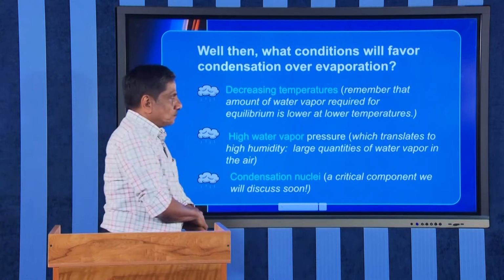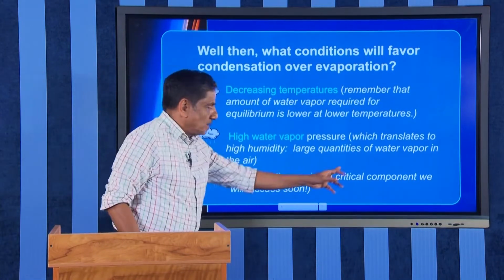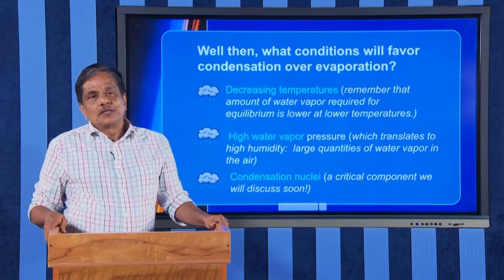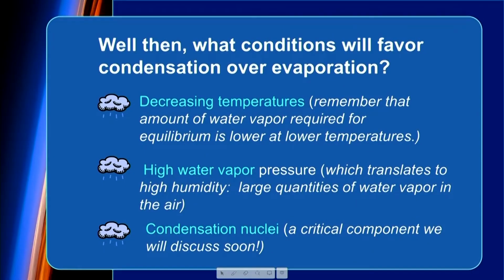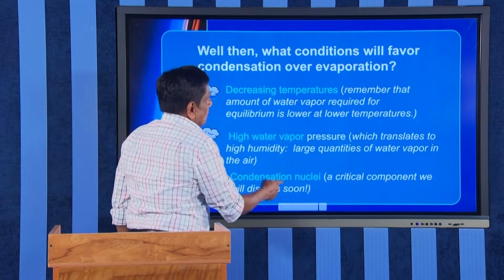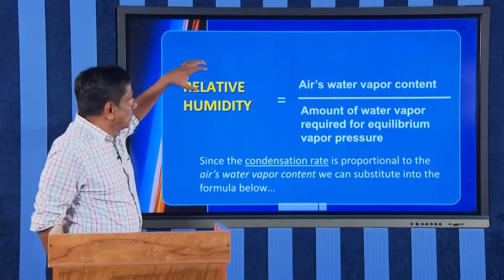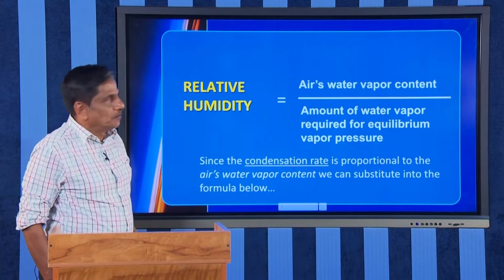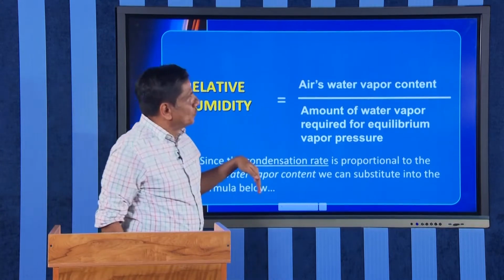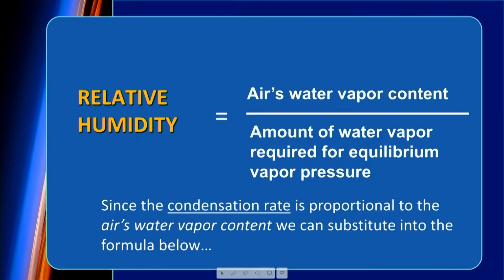Now, there is another process, condensation nuclei, which we will come to later. Here we can define a new term, relative humidity. If you have an air parcel, you measure the water content inside the air parcel, and you have the total amount of water vapor that the air can hold.